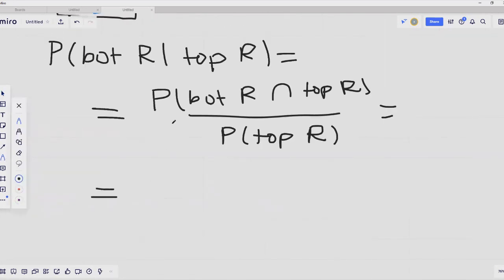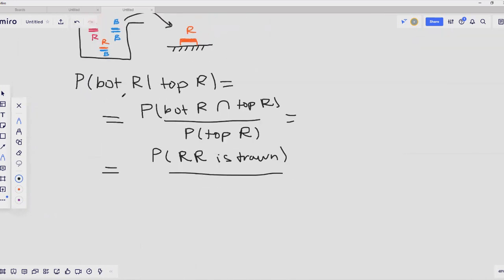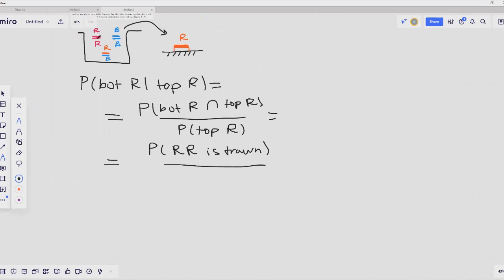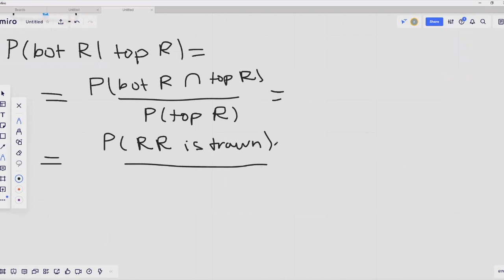Now, the probability that the bottom color is red, intersection with the top color is red, means that we have drawn a chip that is red on both sides. And there is only a single chip in our urn which has both red colors. So this probability here is equal to 1/3.